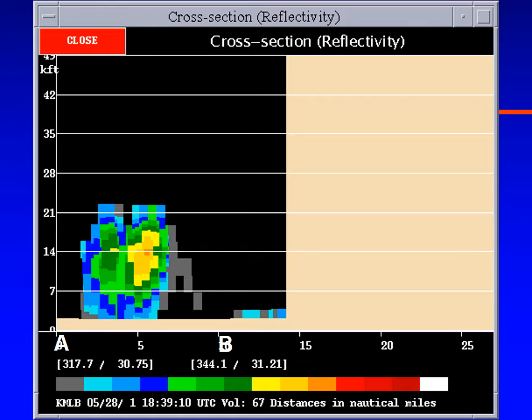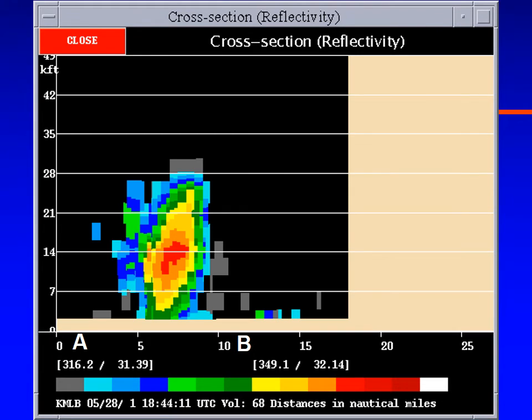So you can see that in this case, the thunderstorm is starting to echo right around the freezing level, about 12,000 feet, maybe just a little bit lower, but that's where you start to see the radar returns. And you can see the radar returns get stronger with time. Specifically, you can see it go to red.